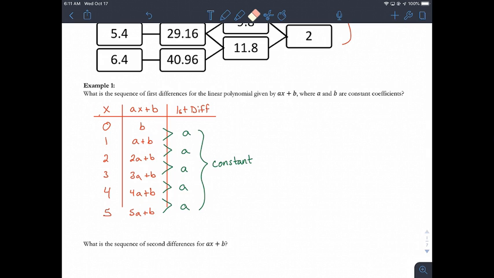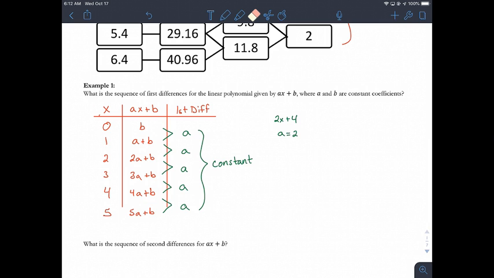So for instance, if I did want to use 2x plus 4, I know that my first difference in 2x plus 4 is 2 because a is equal to 2. First difference in the table is a. Doesn't matter which step you have, it's all a. So therefore, I can say that 2 is my a value, 2 is my first difference. This is how this works.